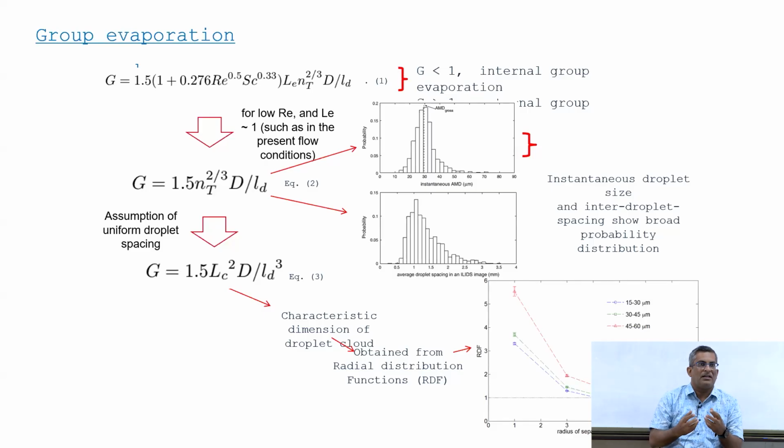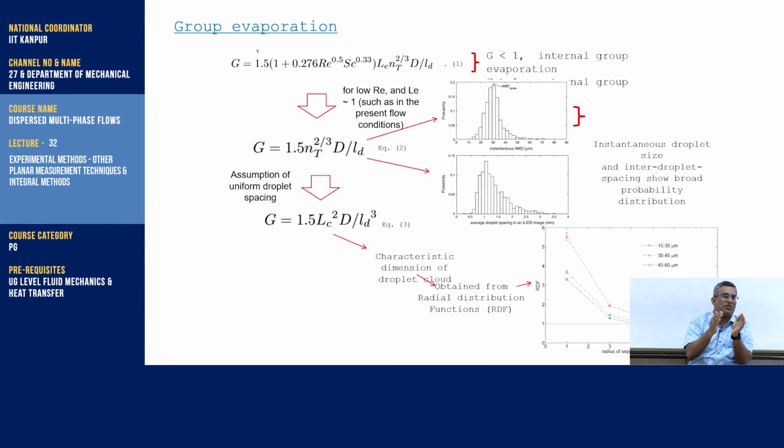That can happen if you have different separation distances between the droplets, or, in other words, if a cluster of droplets passes through, then at that time we can expect the vapor concentration to go down. Okay. So, that is the reason why it is important to see the magnitude of this group number. Okay.